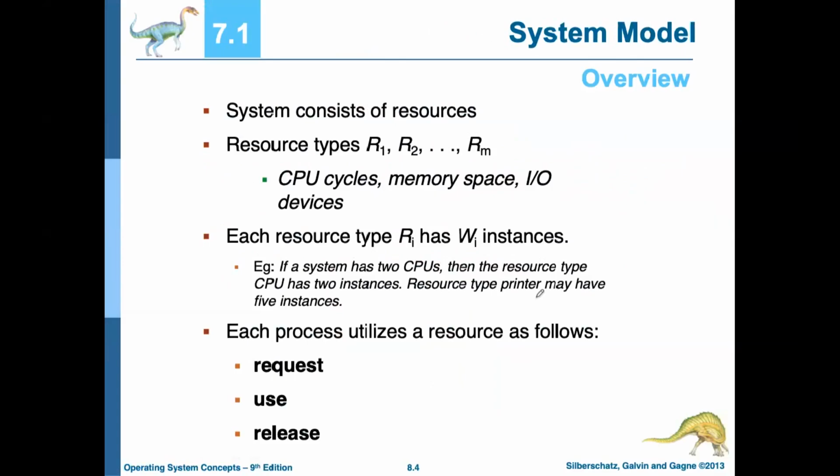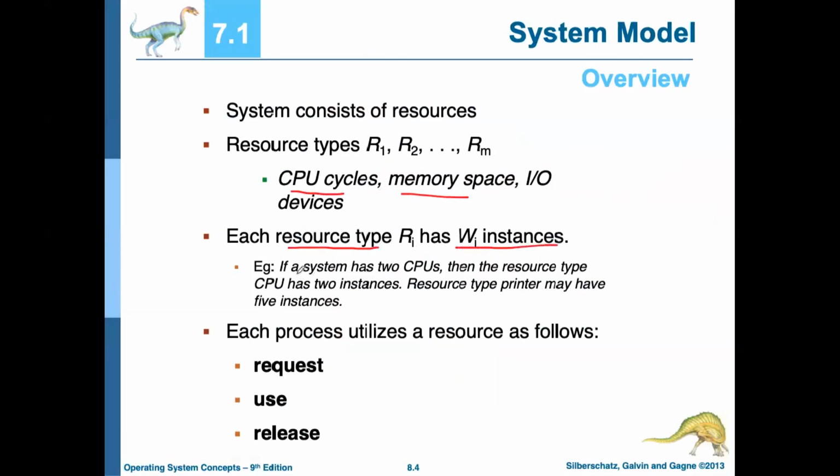And a system basically consists of resources, resource types like R1, R2, and so on. In resource types, we have things like CPU cycles, memory space, and I/O devices. Each resource type, Ri, has Wi instances.